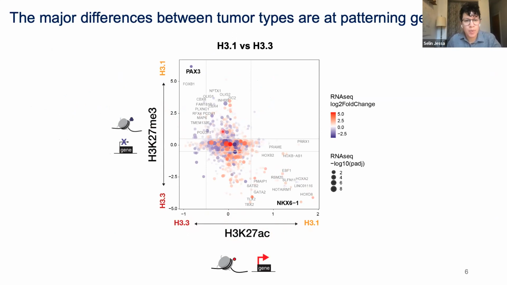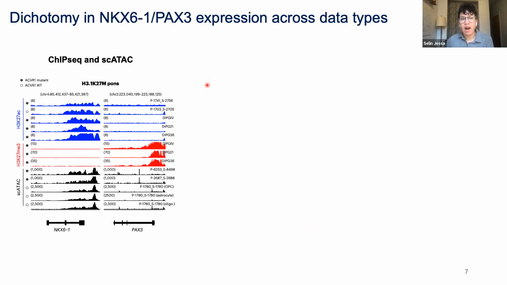What we find is that when we compare H3.1 and H3.3 tumors across these data types, the major differences are limited, first of all, but second of all, they occur at patterning genes, and in particular at 2 transcription factors, NKX6-1 and PAX3. This dichotomy in NKX6-1 and PAX3 activation was pretty consistent across data types.